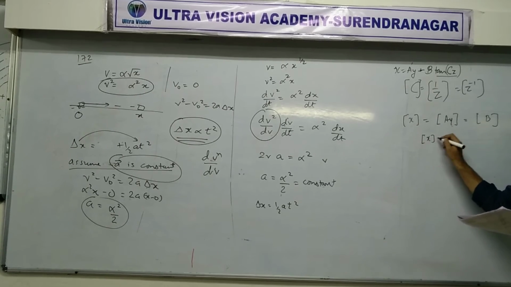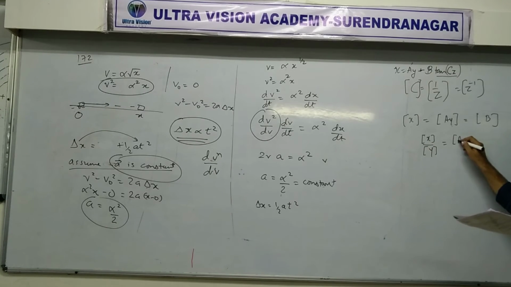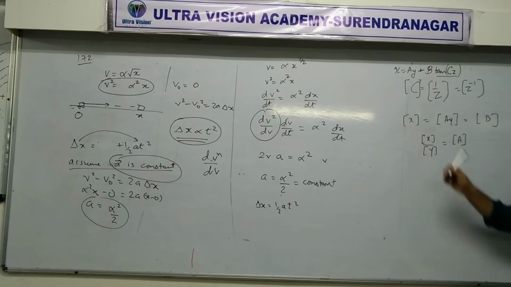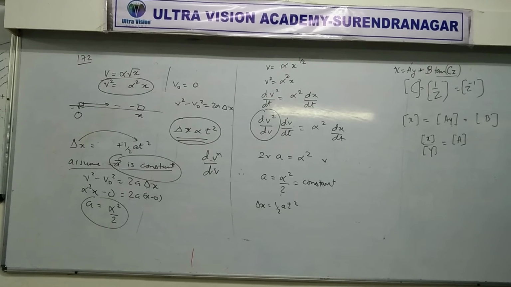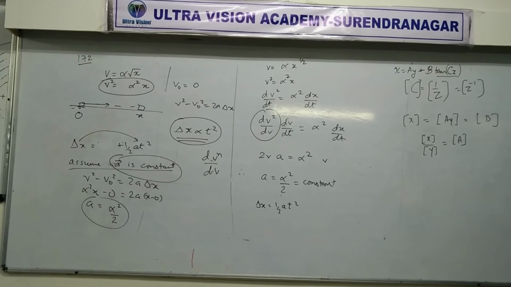Dimensions of x upon dimensions of y will give you dimensions of a. Did you get that? Yes or no? Yes. So do a and x have same dimensions? Yes. Sure? Yes. That means answer is D. Clear?